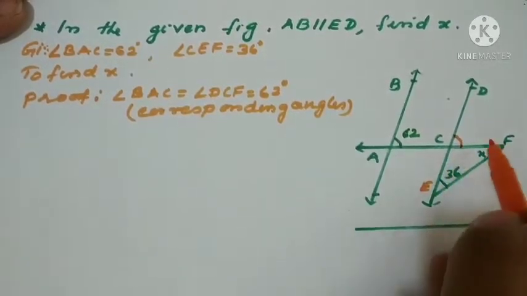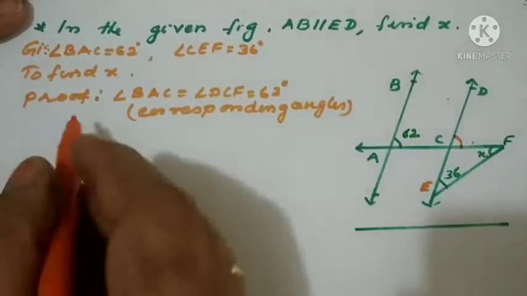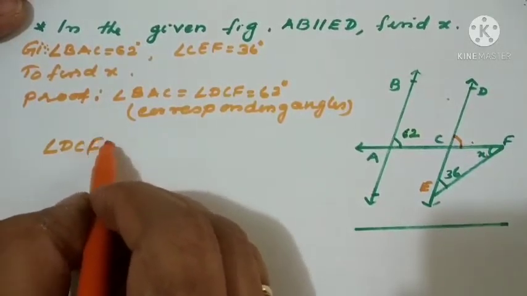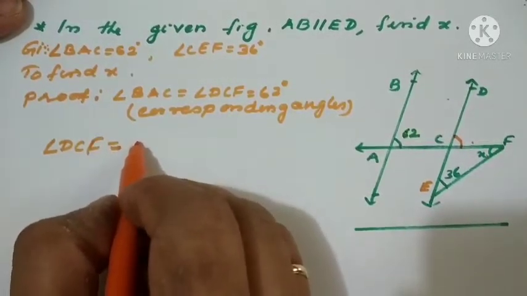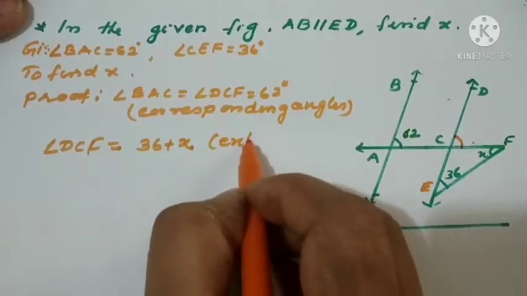If it is an exterior angle, 36 plus x equals the exterior angle. So angle DCF equal to 36 plus x, exterior angle property.